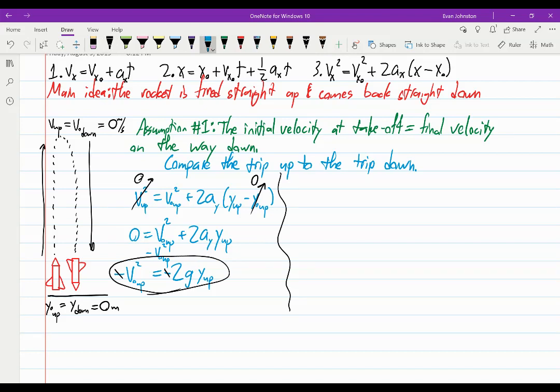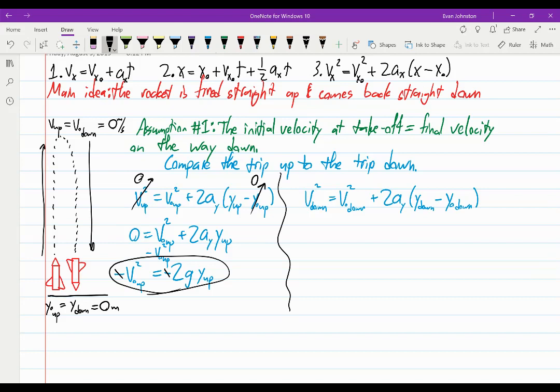All right, now let's look at the way down. So we're going to do the same thing. The final speed on the way down squared is equal to the initial speed on the way down squared plus twice the acceleration in the y direction times the final y on the way down minus the initial y on the way down.